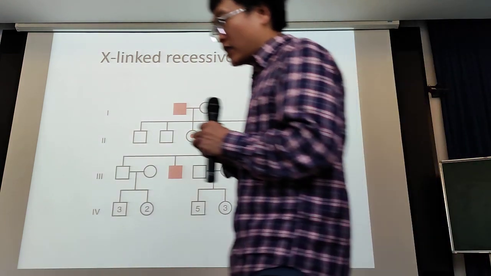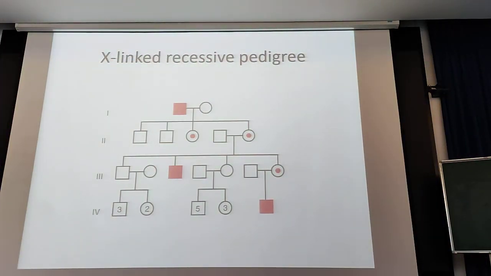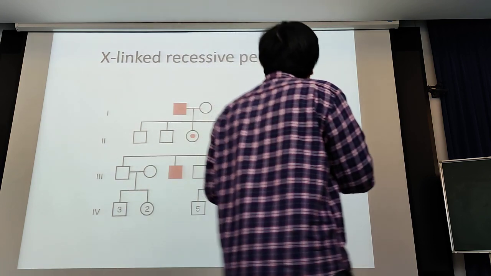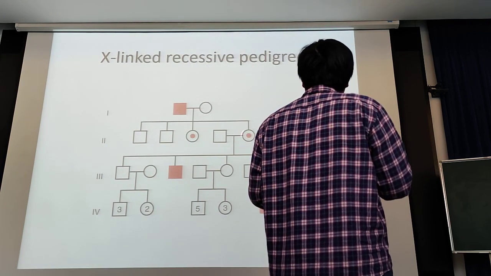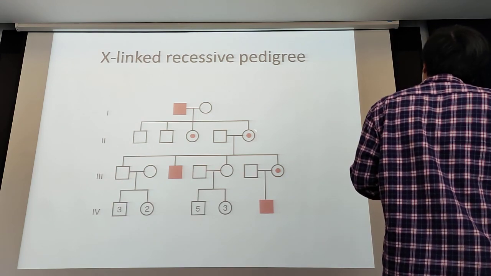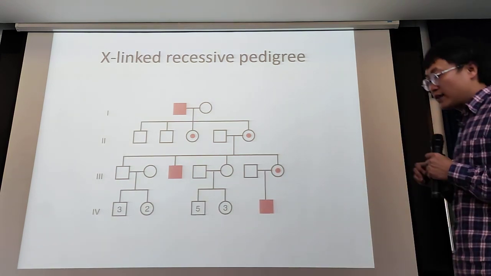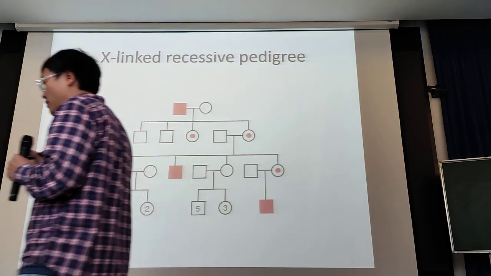That means they are heterozygous and they carry one allele of the disorder. And this disease will show up only once this carrier's baby carries the X chromosome having the disorder, combined with the Y from the father.